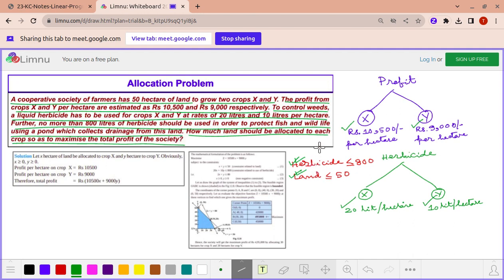So what are we assuming? For crop X we are using X hectare. Okay. So let me write it down. So crop X, we are using X hectare, and for the crop Y it is Y hectare.